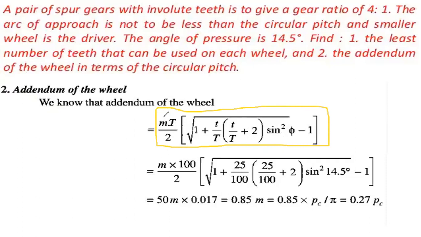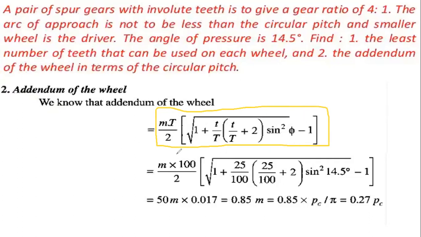This is the formula for that, so you have to substitute all the values in this equation. We know the capital T value, and we do not know the module value. We need to find that. Capital T and small t we have already found, and the pressure angle they have given as 14.5.